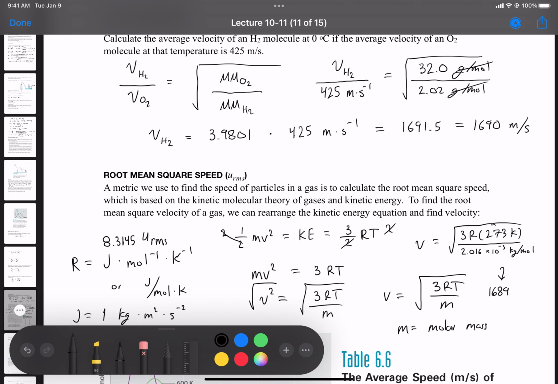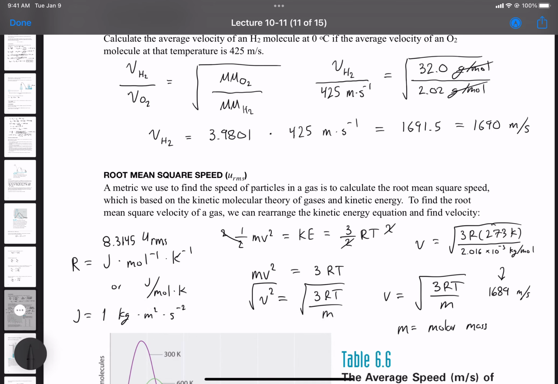So it's pretty close. You see here that they do give you the same speed.